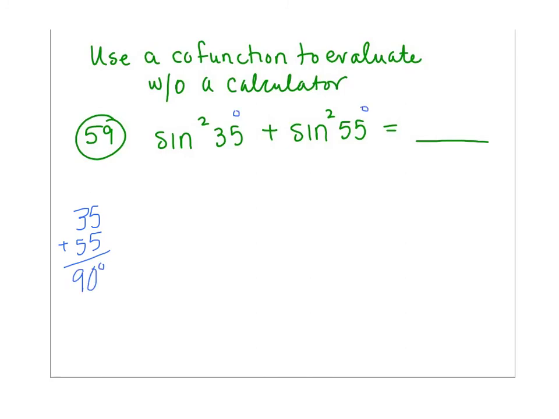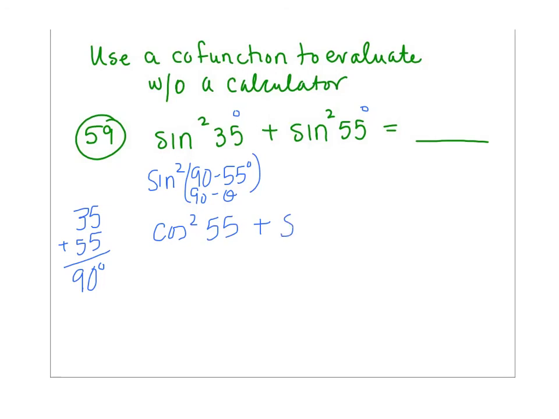I should say degrees. Okay, so what I can do is I can rewrite one as a cofunction of the other. So for instance, 35 degrees is 90 minus 55 degrees, right? So that means that's 90 minus theta. So that would be equal to the cosine squared of theta, which is 55.